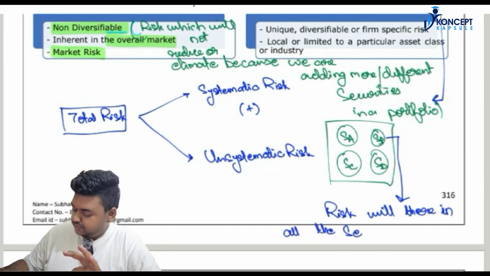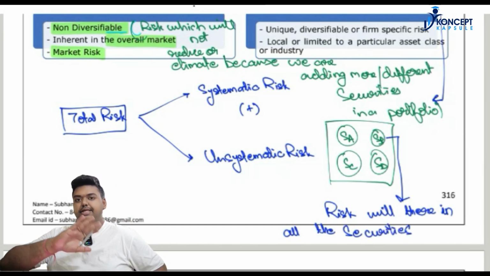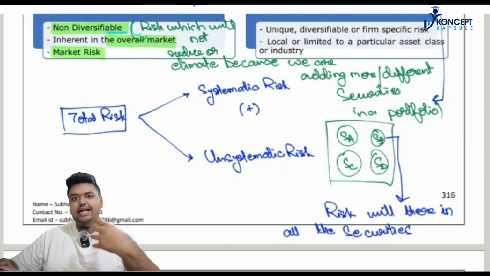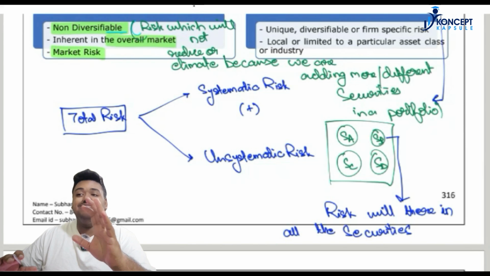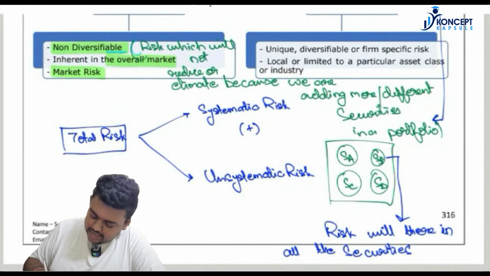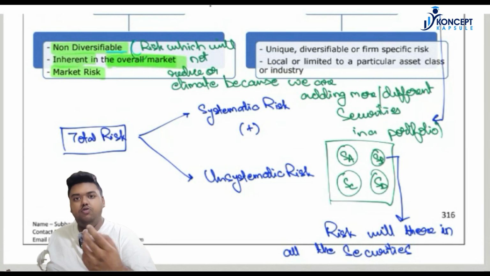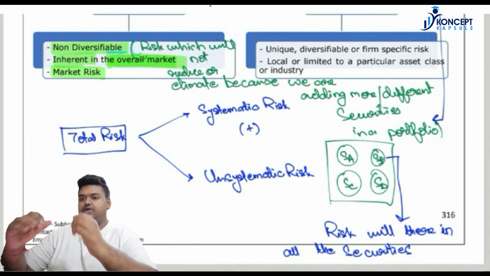Are we clear? So irrespective of the securities that we are putting in, this risk will be there across, and that is why you cannot diversify it away. That is why it is described as inherent to the overall market. What is the overall market? A collection of securities, so the risk is inherent to all the securities together.